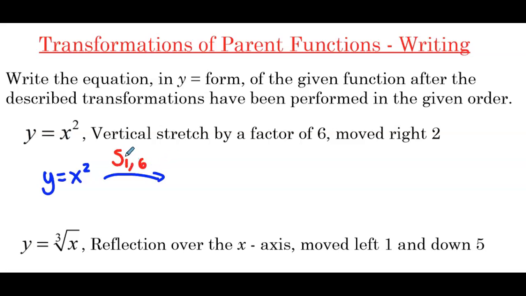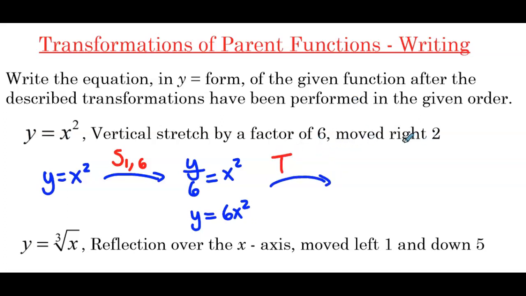If x is unchanged, we still need to multiply by 1 instead of 0. So in our function, we have y divided by 6 equals x squared, which would be y equals 6x squared.